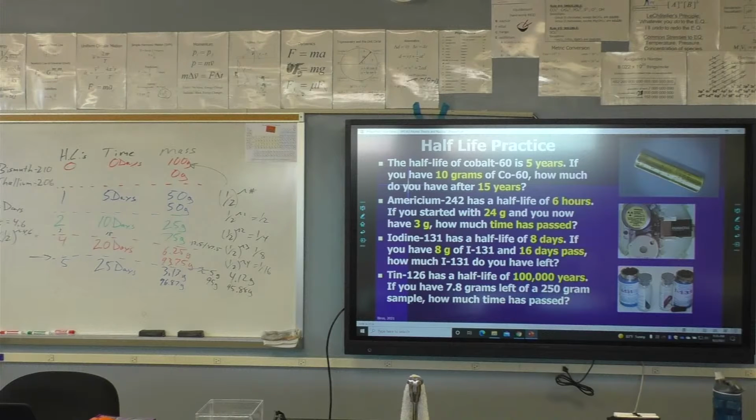So 5 half-lives at 100,000 years each, about half a million years. Make sense? Awesome, 5 for 5.